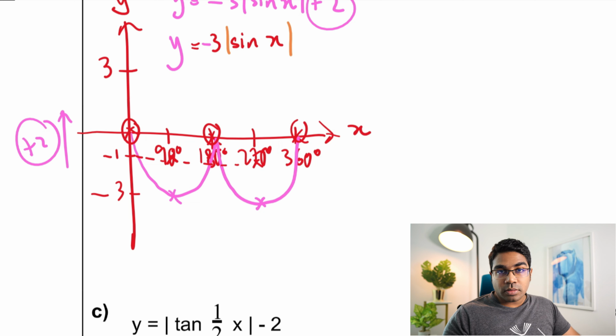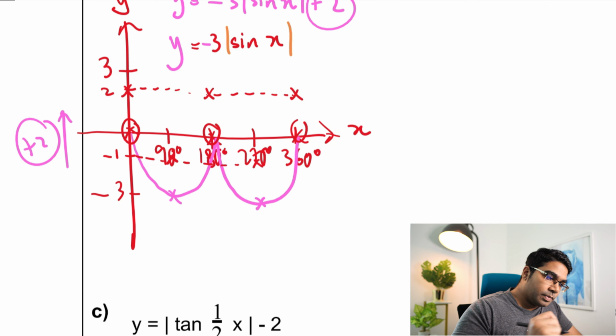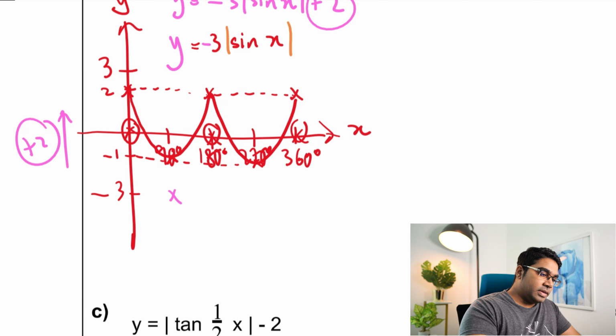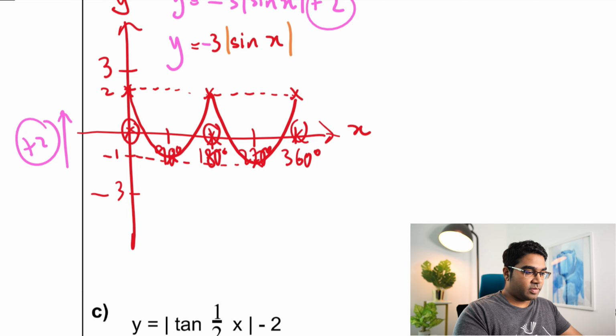So from 0, we plus 2, they will end up at 2. So we have 2, 2, 2. And now we can draw our graph. 2 to negative 1 to 2 to negative 1 to 2. And this is the final graph after all the changes have been made.